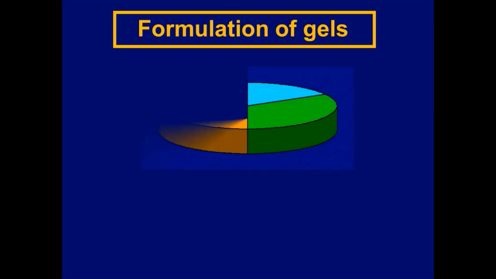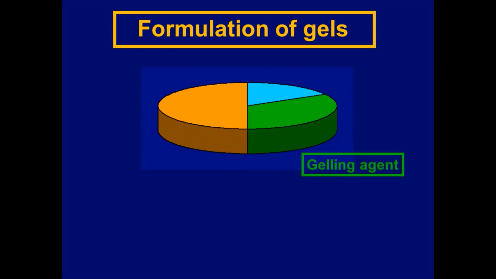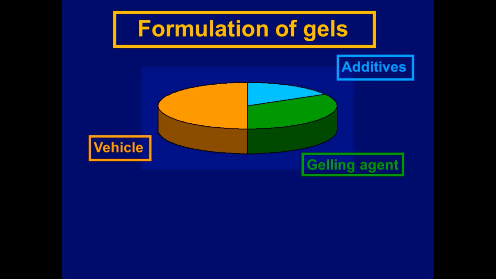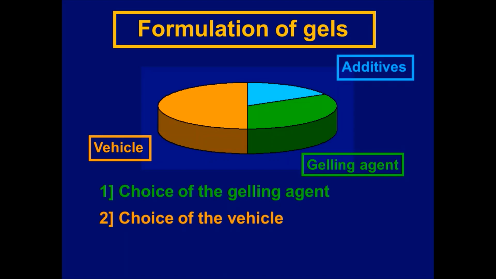To know how to formulate a gel, keep in mind that this dosage form is formed of a gelling agent dispersed in a vehicle or dissolved in a vehicle, and of course some additives are needed. So to know how to formulate a gel, you have to know how to choose the gelling agent, how to choose the vehicle of the gel, and what additives should you add to your gel.